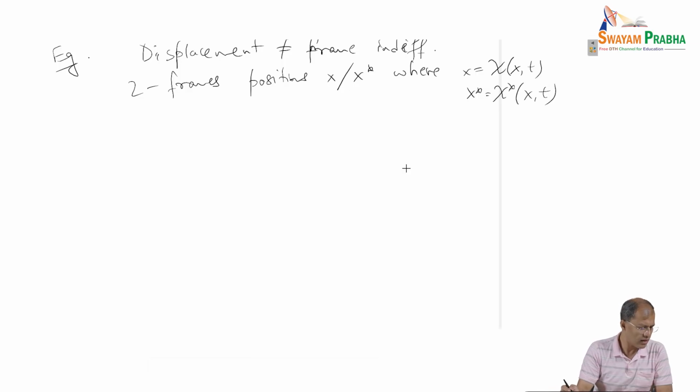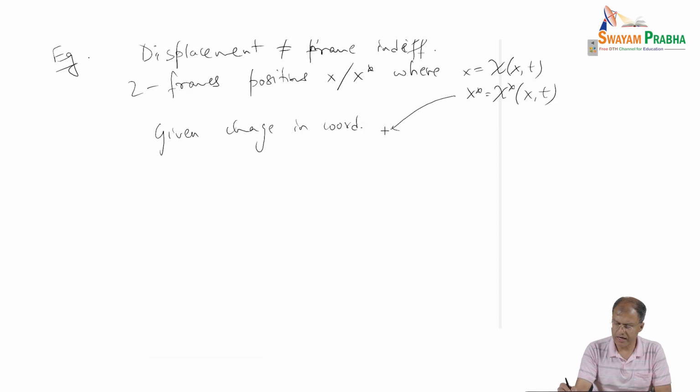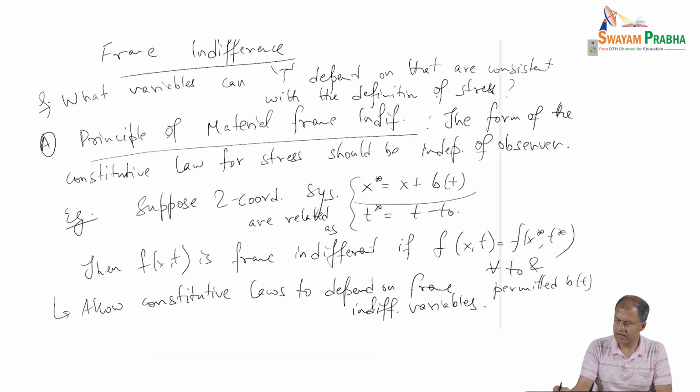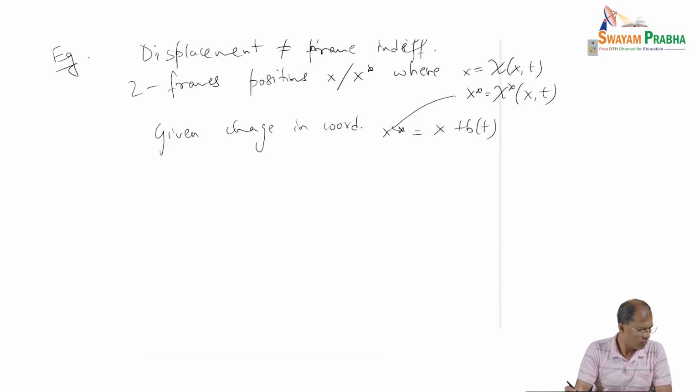The relation between the two frames is given by the change in coordinate: we expect that x star is x plus bt, from the previous relation. We expect b is non-zero, otherwise there is no point in discussing this. So we also get chi star is chi plus bt, that is in the material frame.